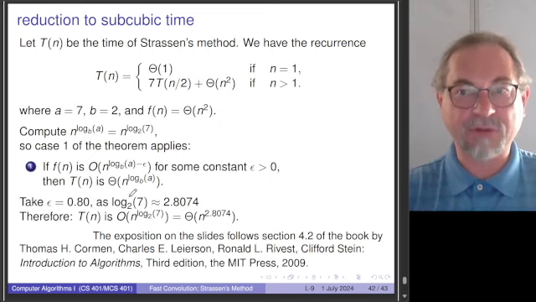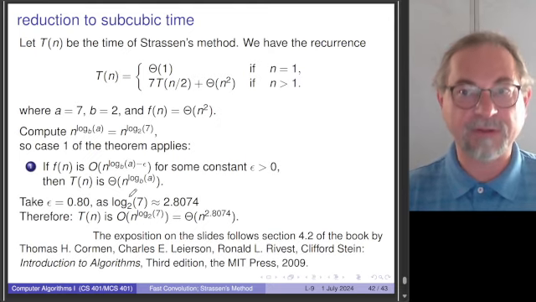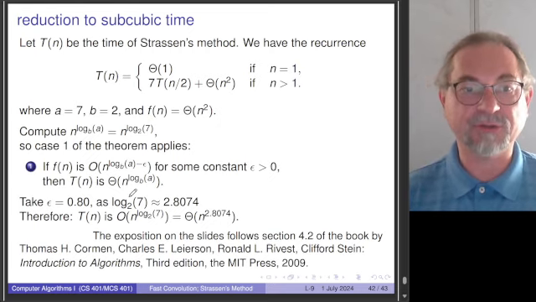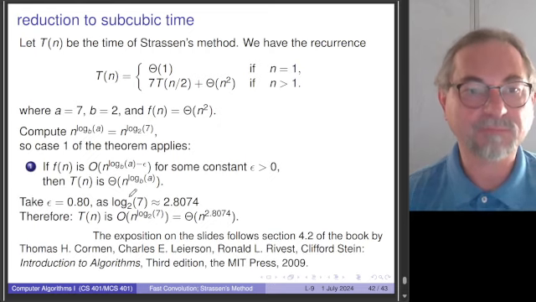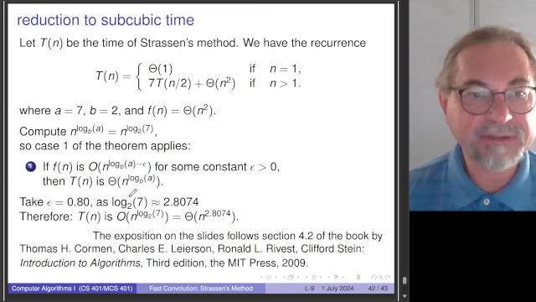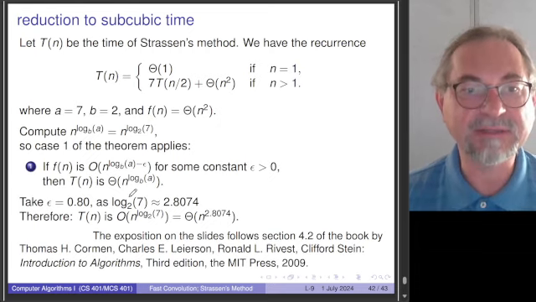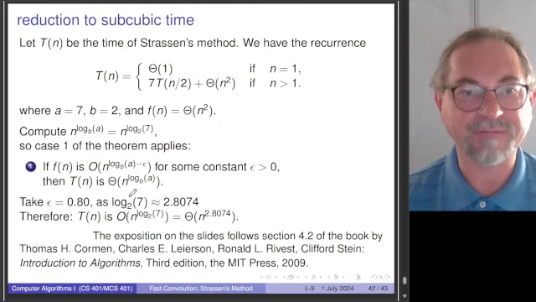We also have the recombination of the product, which also involves many additions and subtractions, but the numbers are constant. Okay, we apply the master method, where here we have that the combination is less than n to the power log base 2 of 7.